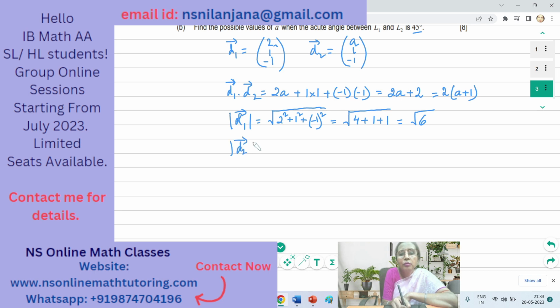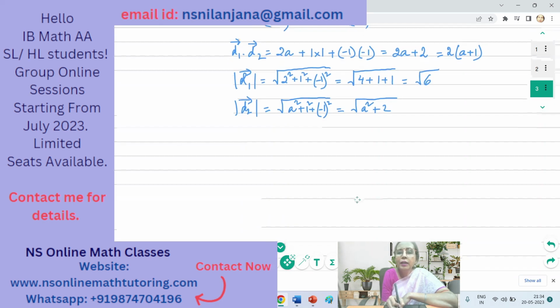Modulus of D2 will be equal to square root of a square plus 1 square plus negative 1 whole square, which is a square plus 1 is 2. Okay.